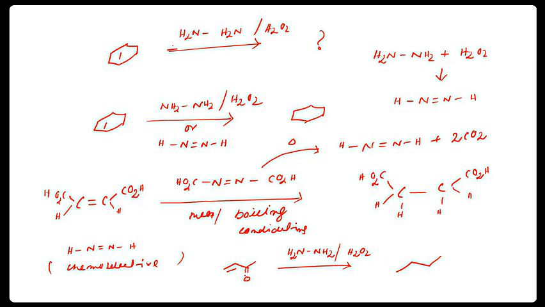We know diimide reduces the double bond, but does not reduce the carbonyl. So from that point of view, it's chemoselective. Then slowly we'll start discussing different other chemoselective reagents.